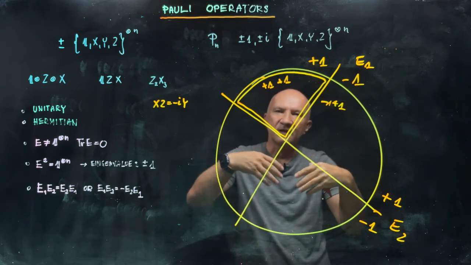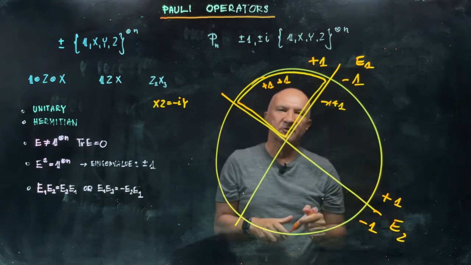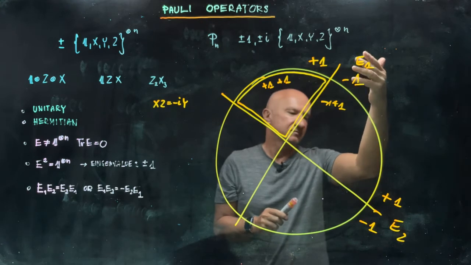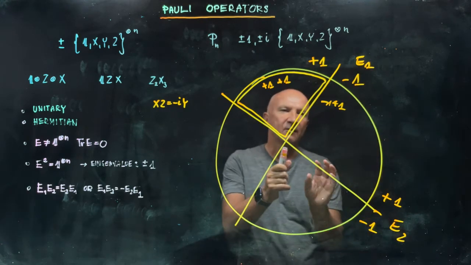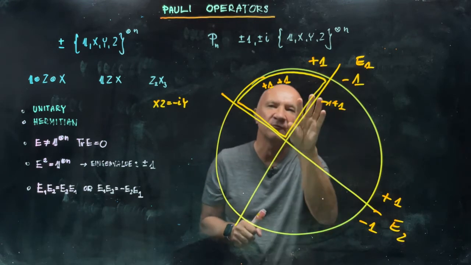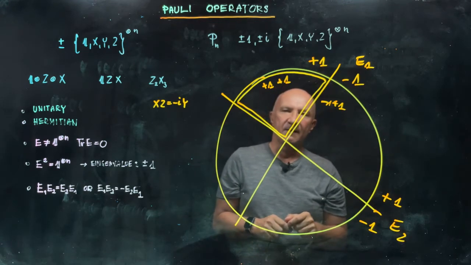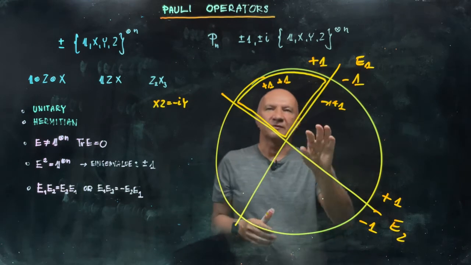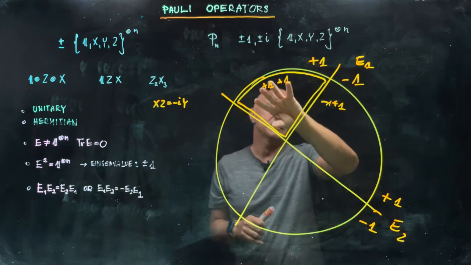Each outcome of the measurements of, say, E1 and E2 will identify in which subspace you are. So this way we'll be finding where our state is after, say, an error happens.